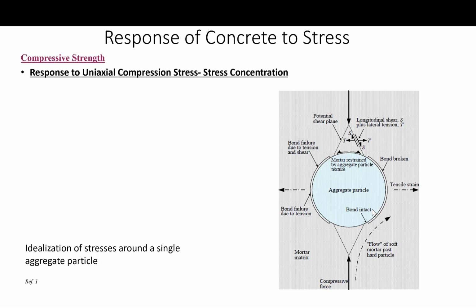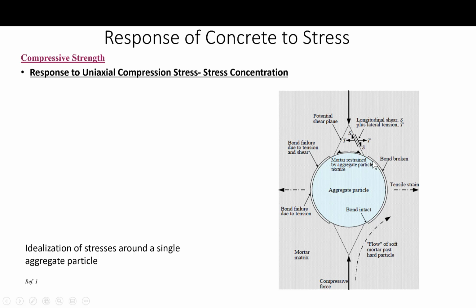Stress analysis indicates the following order of failure. First, tensile bond failure, then shear bond failure, then tensile matrix failure, and fourth, occasional aggregate failure. This is not the norm, it only occasionally happens.